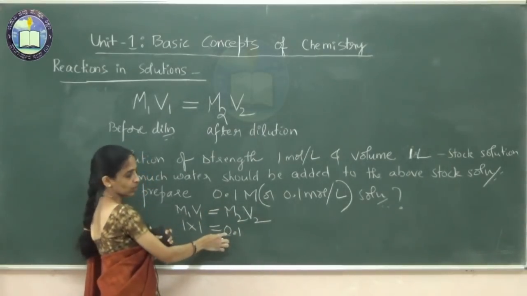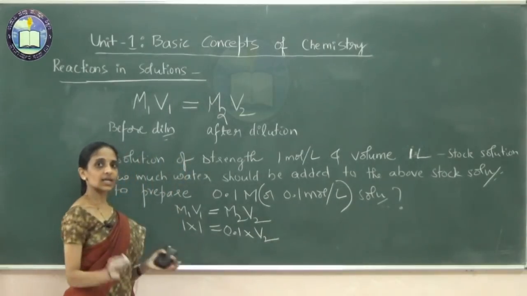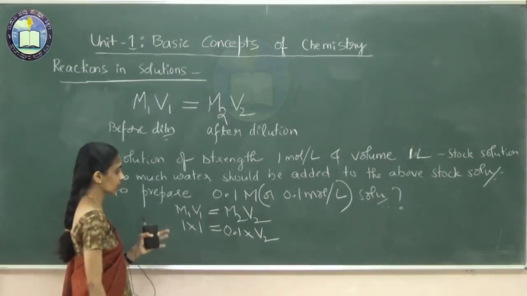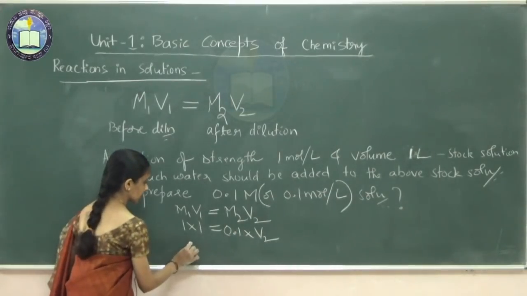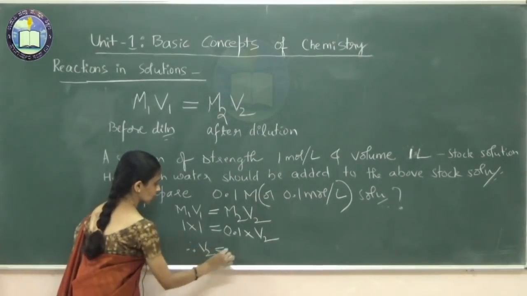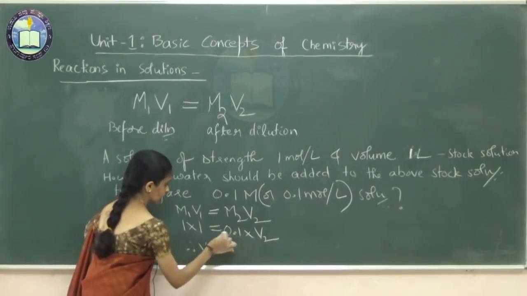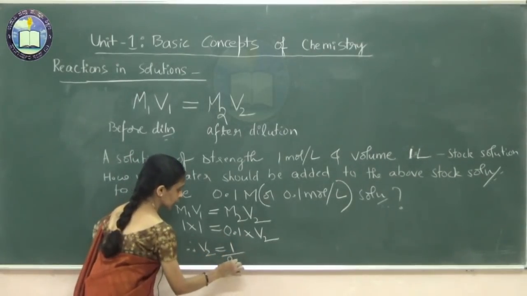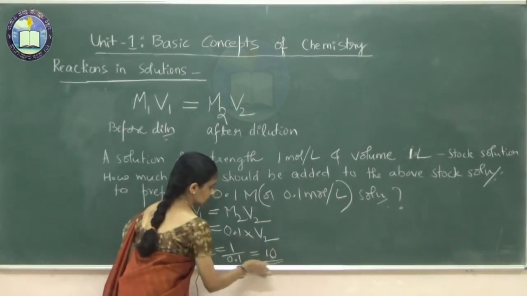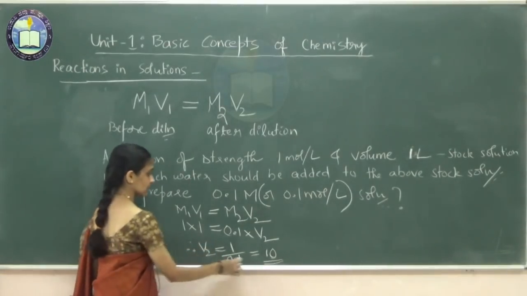It is 0.1. The volume is not known. After dilution, how much volume there is, we don't know, we have to find it out. So what will it be? V2 is equal to 1 into 1. Okay, this 0.1 goes to the denominator, it becomes 10, correct? V2 becomes 10 liters.